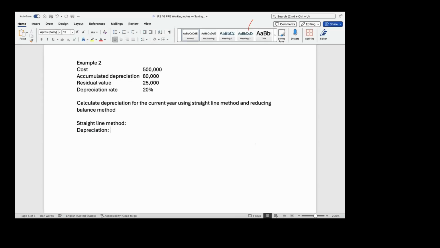Depreciation is calculated as cost minus residual value, divided by number of years, or estimated useful life. Now, in this case, what's the cost of this asset? 500,000. What's the residual value? 25,000. What's the useful life?